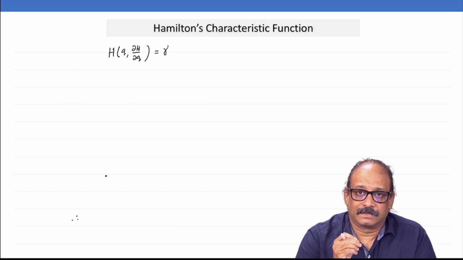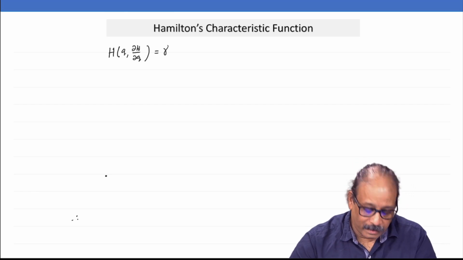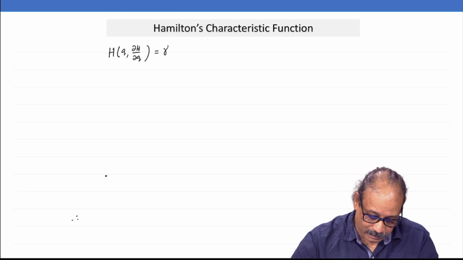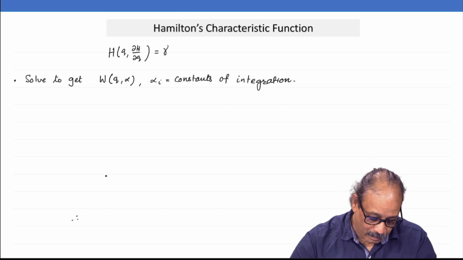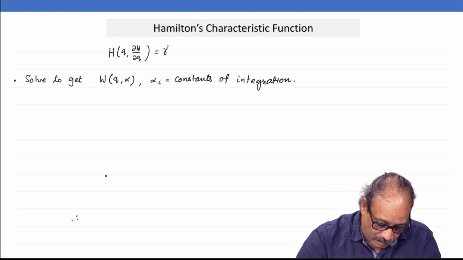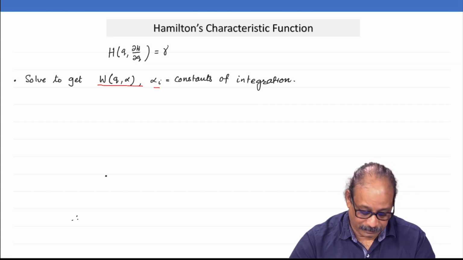So, we start with this equation, the Hamilton-Jacobi equation, where H is equal to gamma. It is again a differential equation in W. Now, the first step is to solve this and get your function W, okay, with alpha as constants of integration.